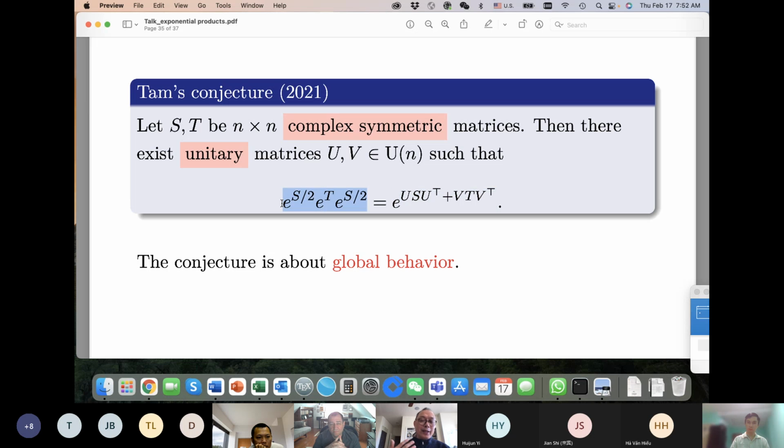It is from S and T. So there should be, I can't say must be, some relation related to S and T. If you insist on expressing it as the exponential of some matrix, that matrix should have some relation with S and T. And this formula, if it is true, reveals the relationship.